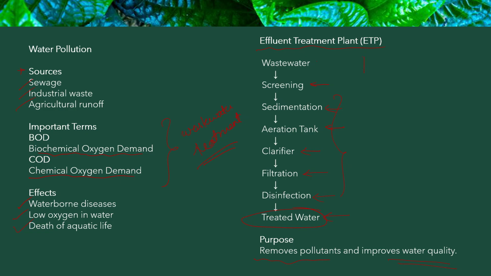So first, the wastewater is sent for screening. That is, let's say X-ray in case of human body. Then we want these sediments to go down. Then it is sent to a aeration tank. Then we try to clarify the tank.